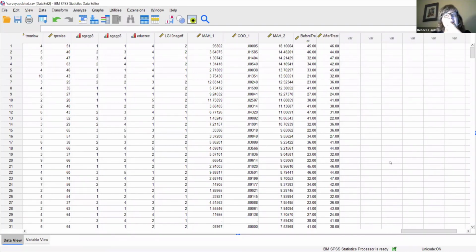Okay. So I added a before treatment and after treatment to this particular data set, since that's what we're using. So we're going to say all 439 of our participants took the pre-treatment test and then took the after treatment test. In this particular situation, we were rating them on tolerance of individuals from other ethnic backgrounds.